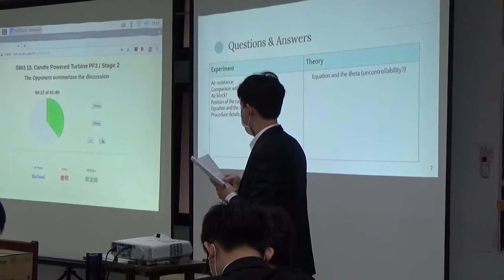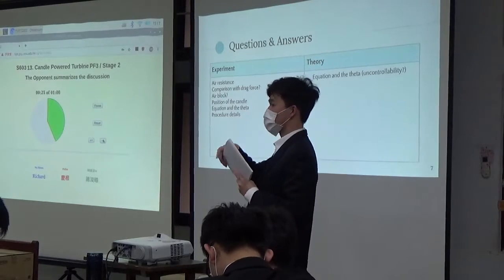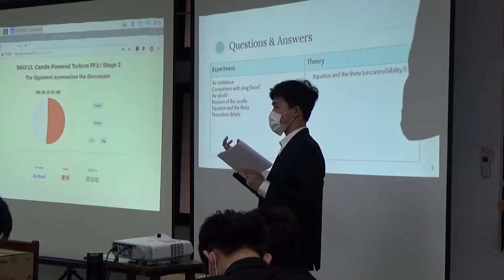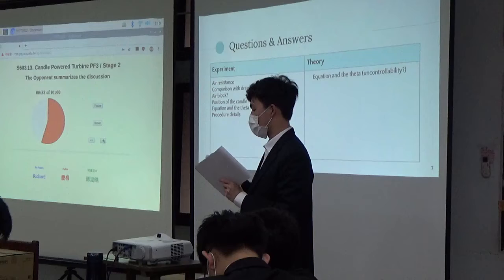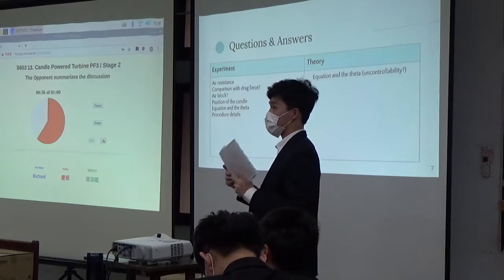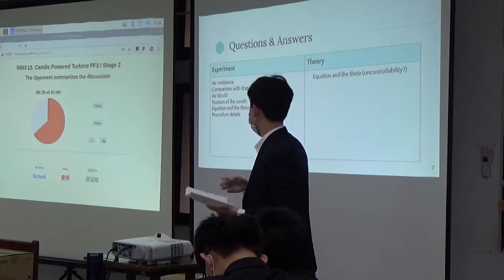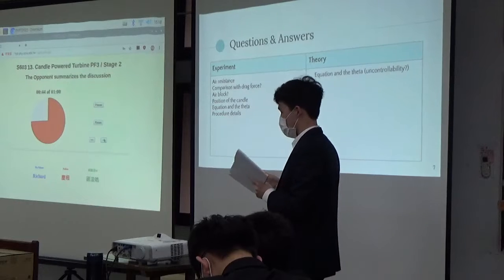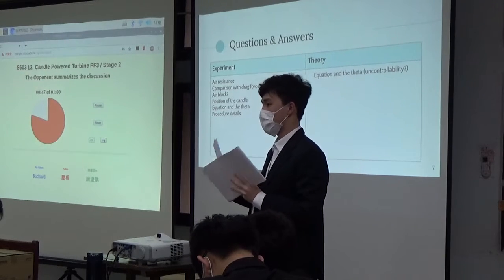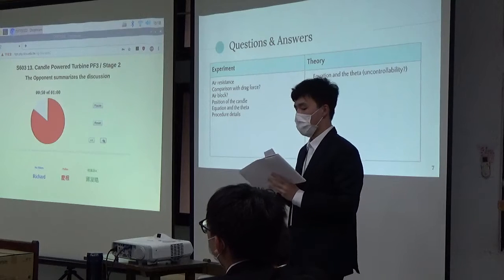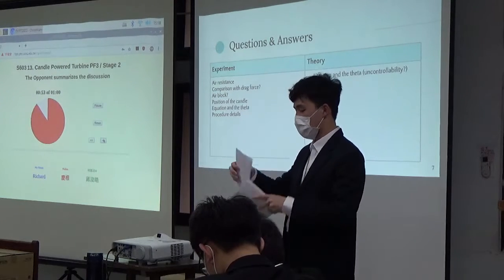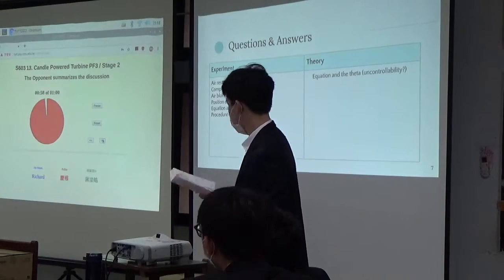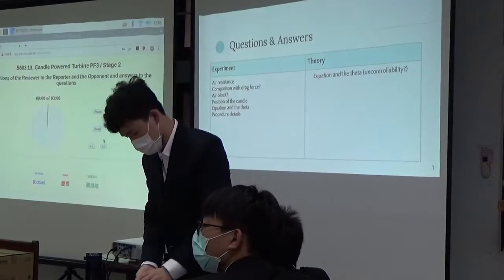We also discussed air flow, and the reporter team suggests that putting the candle in the middle will create the maximum torque, while we think that they should also conduct experiments with different positions of the candle. Finally, for the equation and the theta, they simply said that it's immeasurable. And they also think that with different colors, it might reach the terminal velocity faster, which we would agree with. That's the end of my conclusion. Thank you.